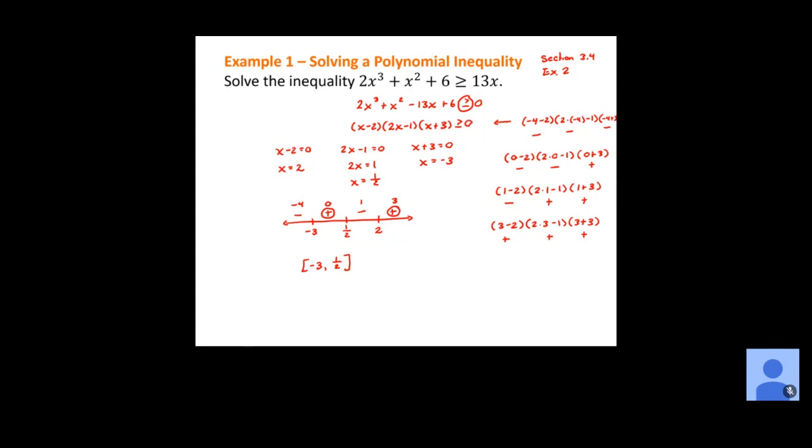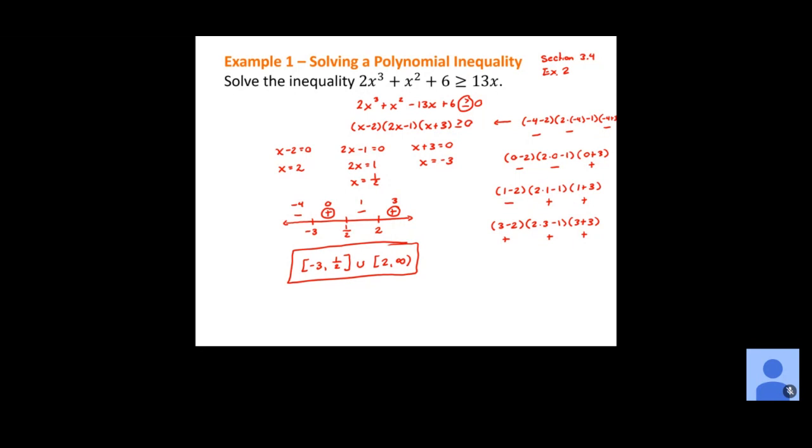The -3 and the 1/2 would make it equal 0, and so I'm including those values. Then I'm going to have a union, and then what's my other interval going to be? 2 to infinity. Good. So bracket 2 to infinity, again including the 2, because 2 would make it equal 0, and so I want to include that value. And so this right here is our solution to that inequality now.